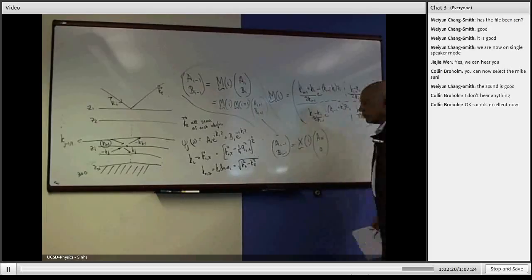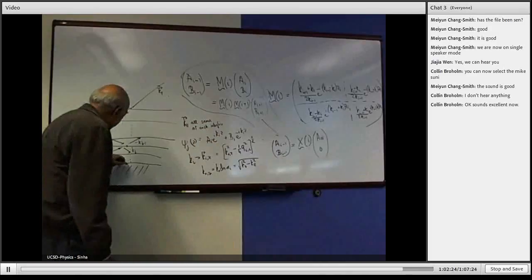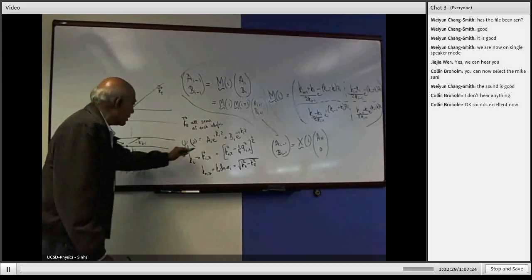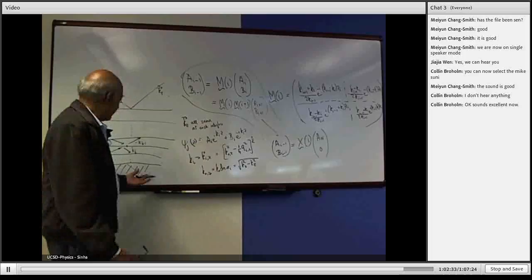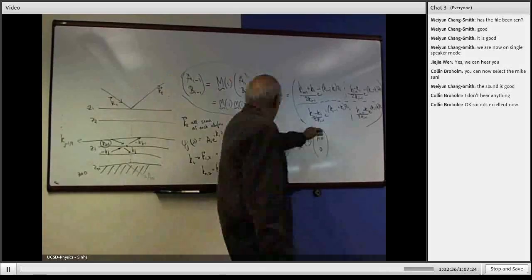Why did I write 0? Because in the substrate there is no reflected wave, there's only a transmitted wave, and it's got an a_n coefficient but no b. The b is 0. There's no wave coming back from the substrate. So there we have it.